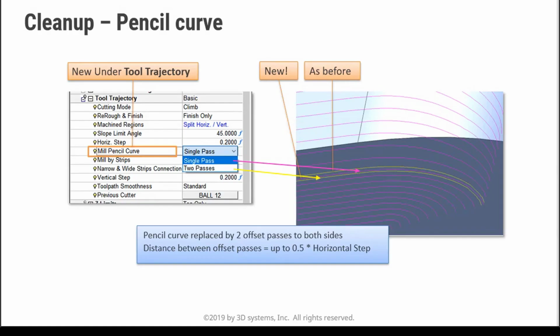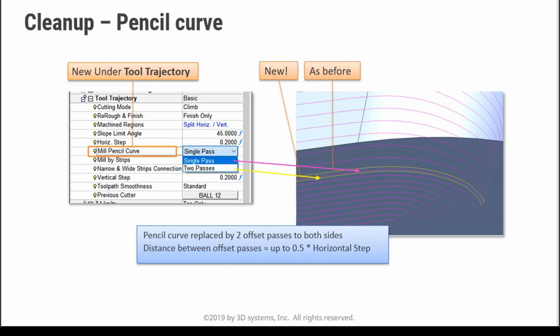Okay, the last new parameter for this presentation is the pencil curve. This new parameter is located under tool trajectory, mill pencil curve. The parameter's purpose is to avoid approach and retract motions to and from junction areas. By that, it will improve round corners on junctions.